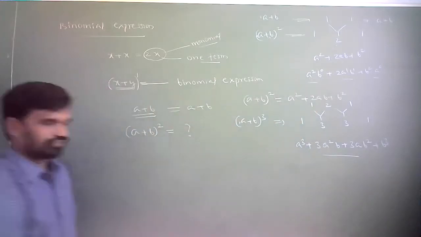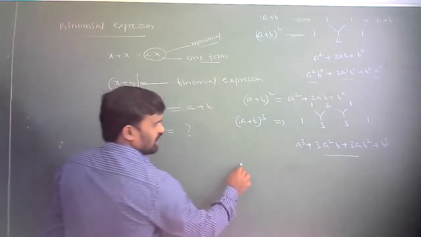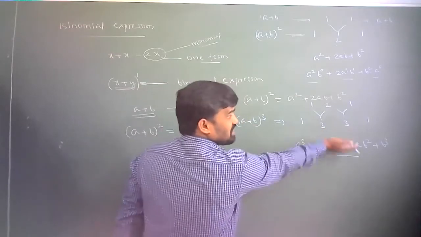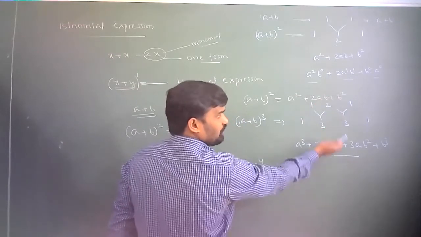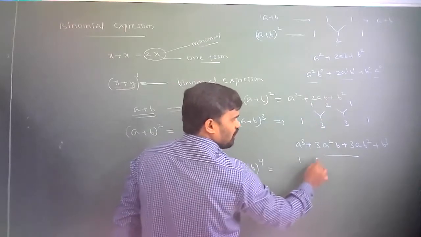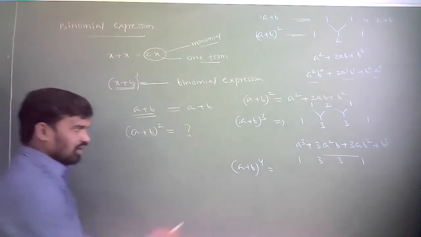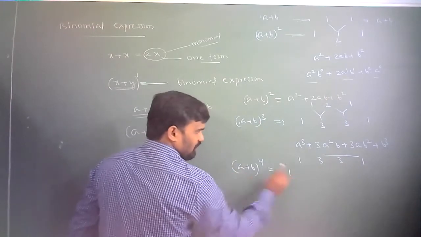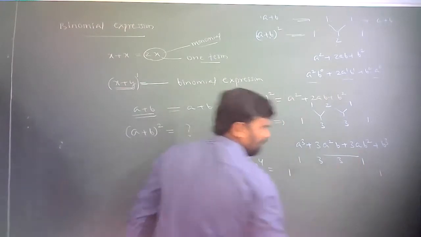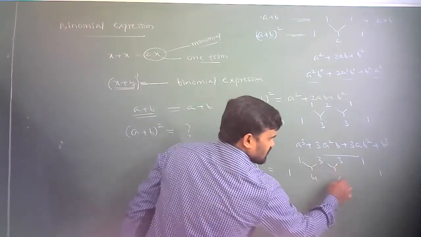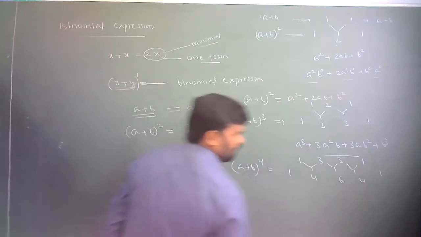If you want to write a plus b whole power 4, the coefficients in the previous expansion were 1, 3, 3, 1. Now the coefficient of a is 1, and the coefficient of b is 1. So 1 plus 3 is 4, 3 plus 3 is 6, 3 plus 1 is 4.